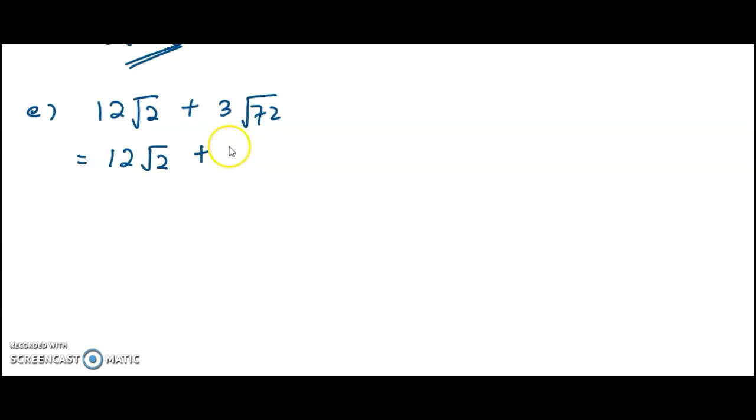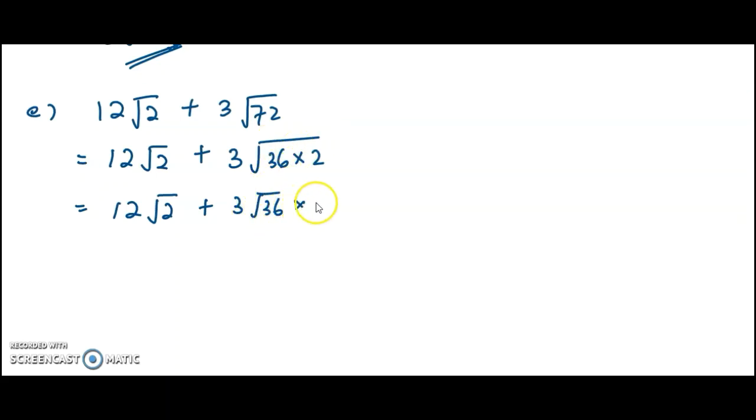But we can see that we have a surd 72 in the second term. I will rewrite 72 as 36 multiplied by 2. Then I split this into surd 36 multiplied by surd 2. Surd 36 can be simplified as 6 because 6 multiplied by 6 equals 36.